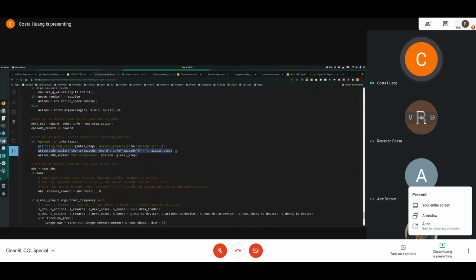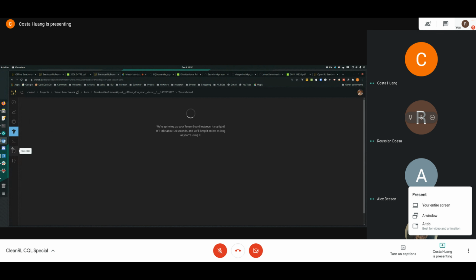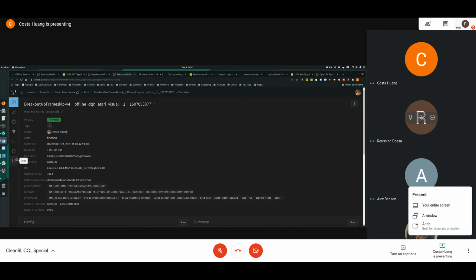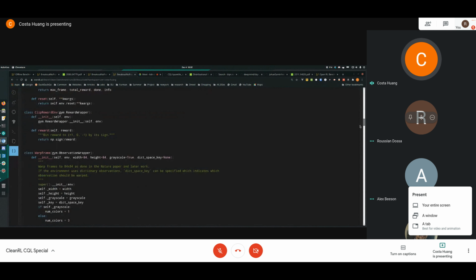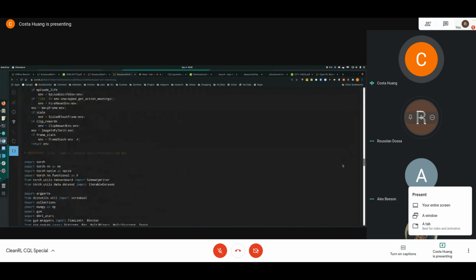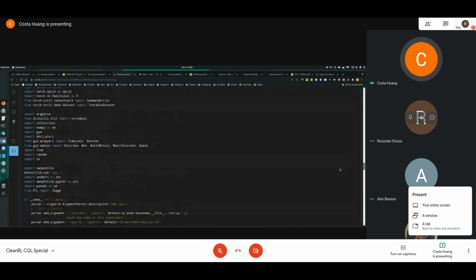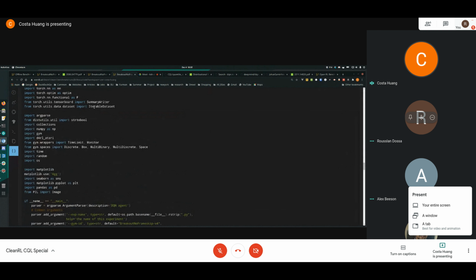But then you can create a writer by using Tensorboard, and it'll take some time to spin up a Tensorboard instance. Weights & Biases is a service that allows you to do experiment management, and it has really good integration with Tensorboard.